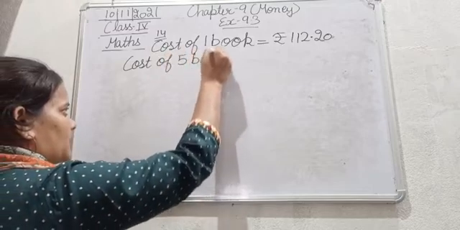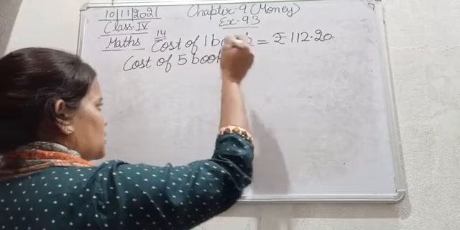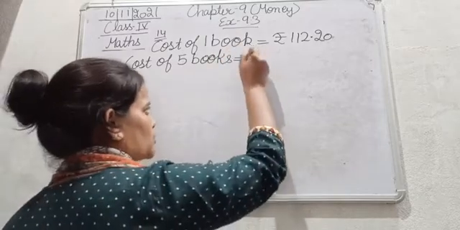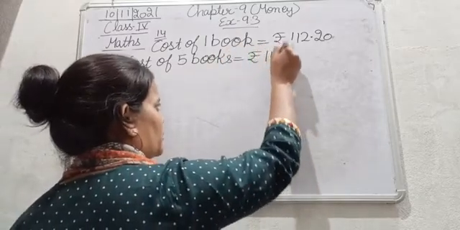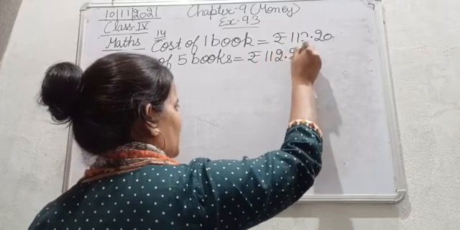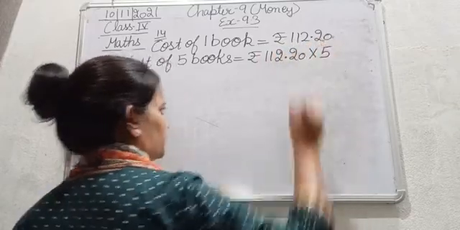For that we will multiply the cost of one book, that is 112 rupees 20 paisa, with 5.